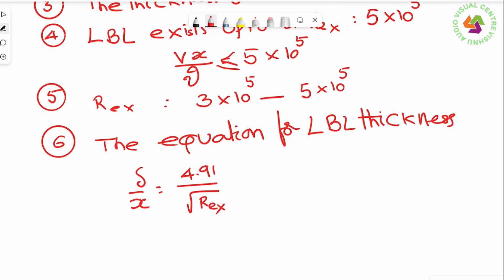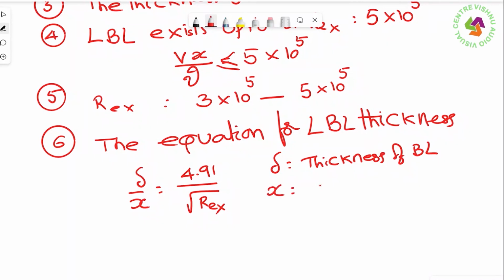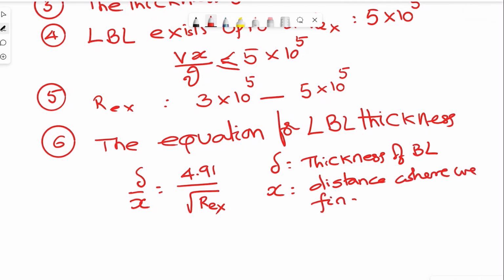Some textbooks write 5 by root Rex also, doesn't matter. Where delta is the thickness of boundary layer, x is the distance along the plate where we find the boundary layer thickness.